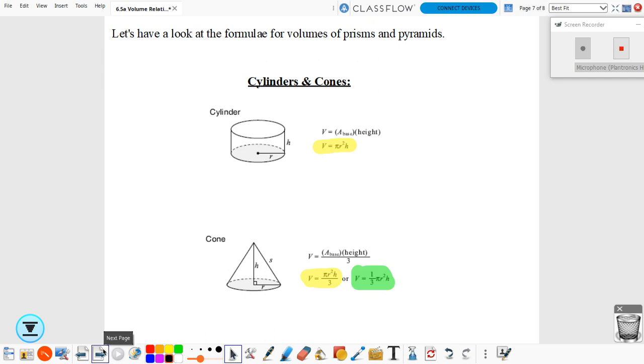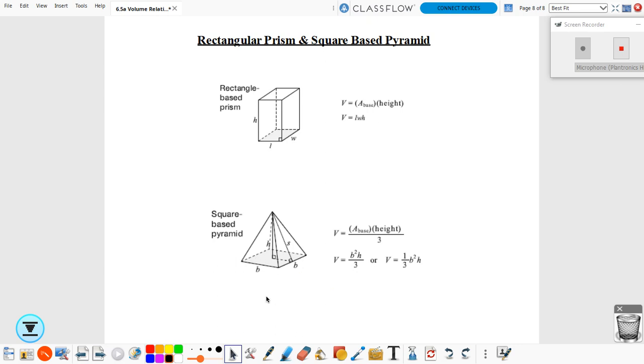Now, let's, oh, of course, we have the same thing going on here. We have length times width times height. Now, in this case, if this is a rectangular-based pyramid, if it were a square-based prism, it would just be V equals B squared times height.